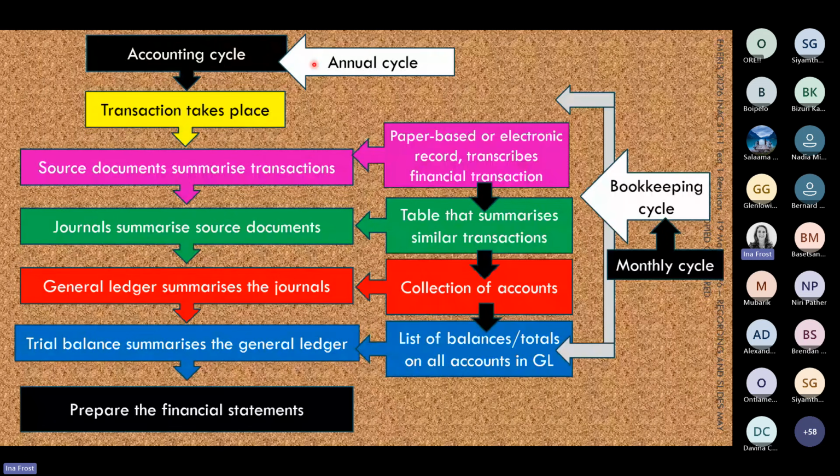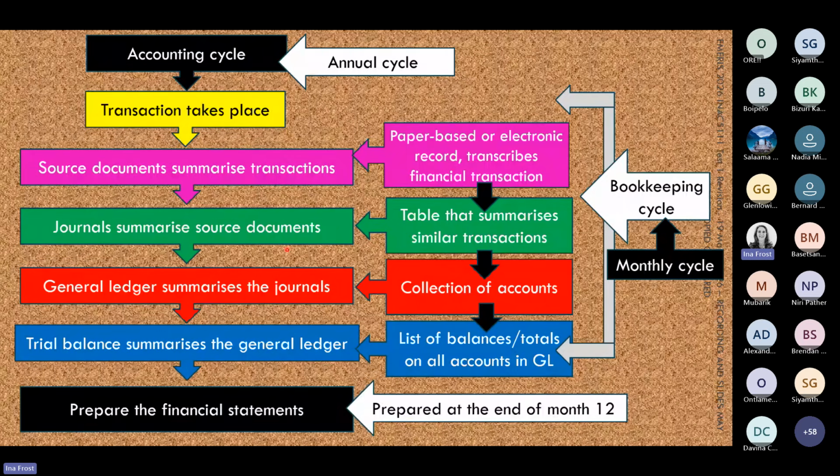And the accounting cycle is an annual cycle that ends with the preparation of the financial statements. So we repeat this bookkeeping cycle every month of the financial year until we've completed it 12 times, and then we are ready to prepare the financial statements of the business.